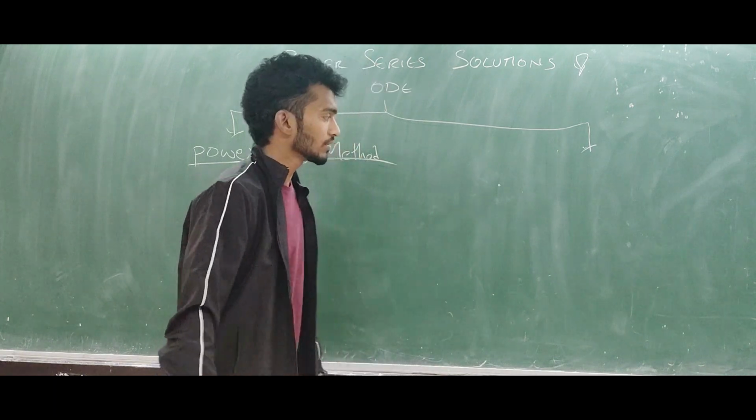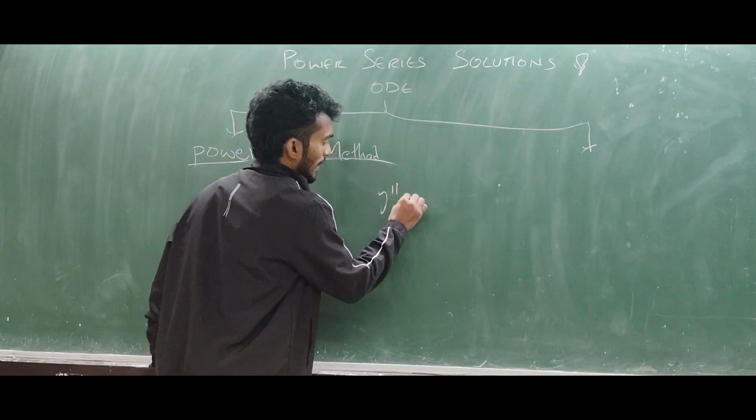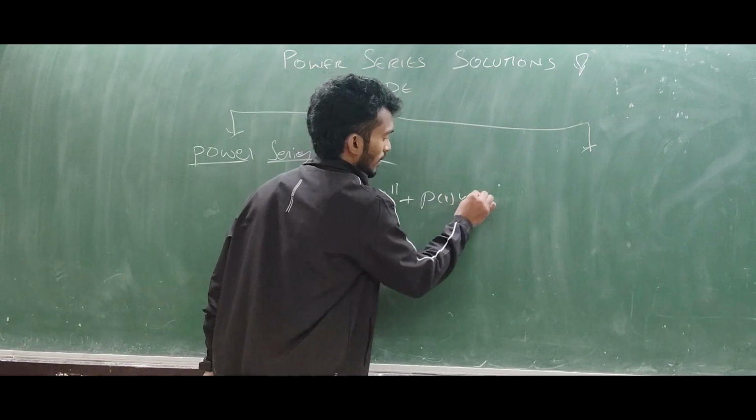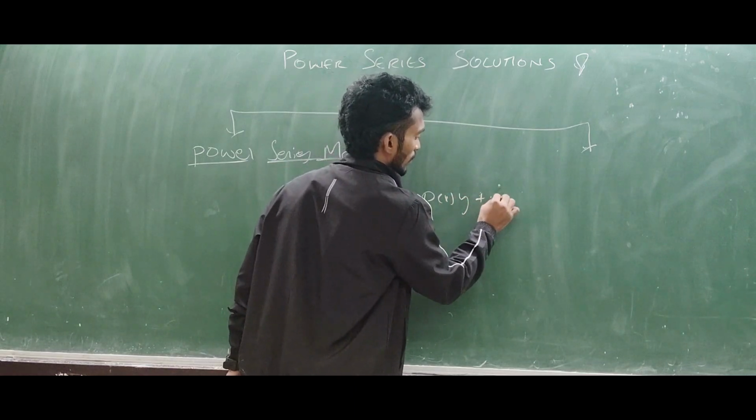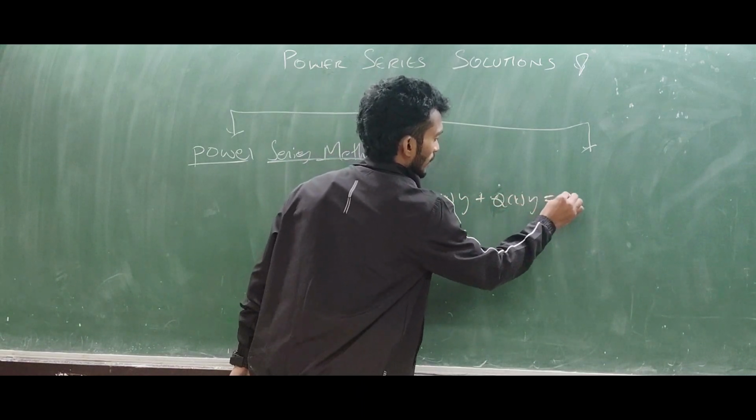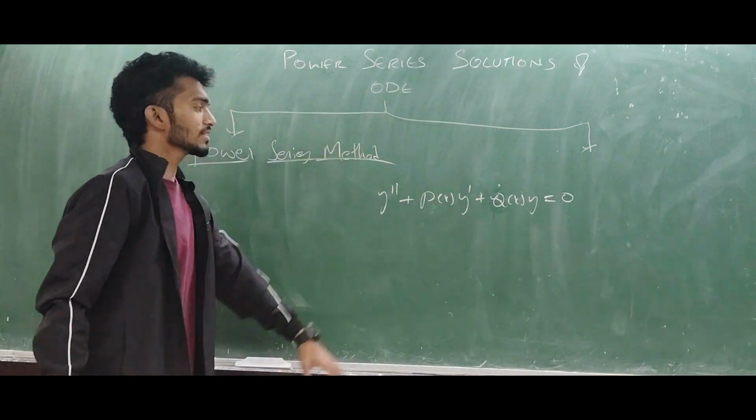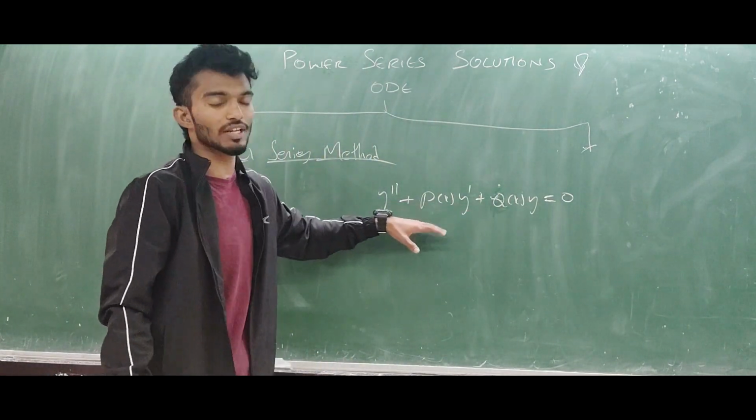Consider the equation y double dash plus p of x y dash plus q of x into y equal to 0. This is a second order differential equation with variable coefficients.